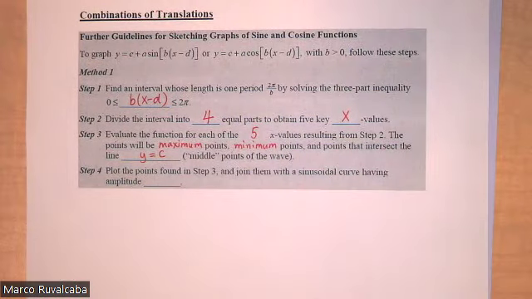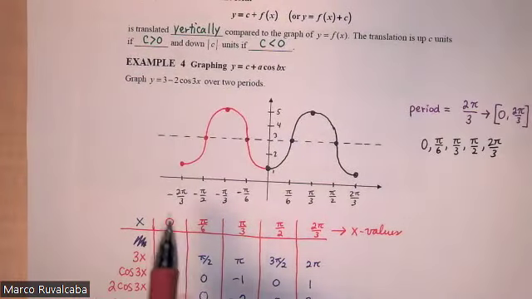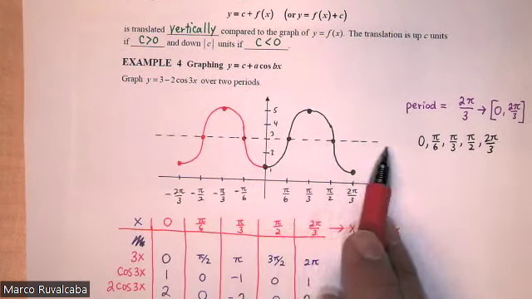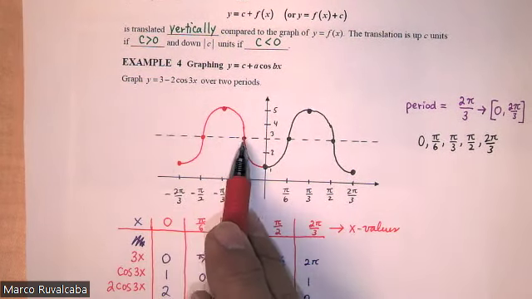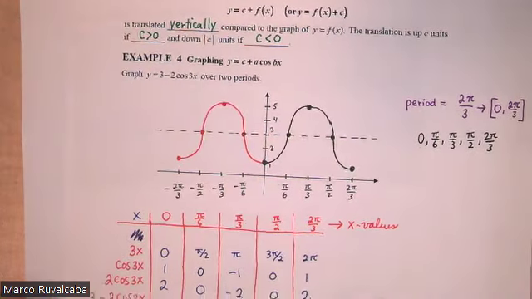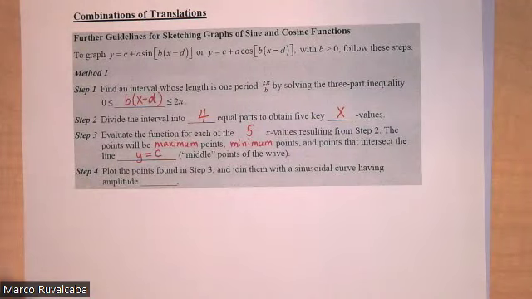In the previous graph that I just did, let me show you real quick. The c value was that 3, this one, and that's the line, y equals c, and there's the point. Some of the points we found are the points that intersect that line. So that's why that's part of the procedure.